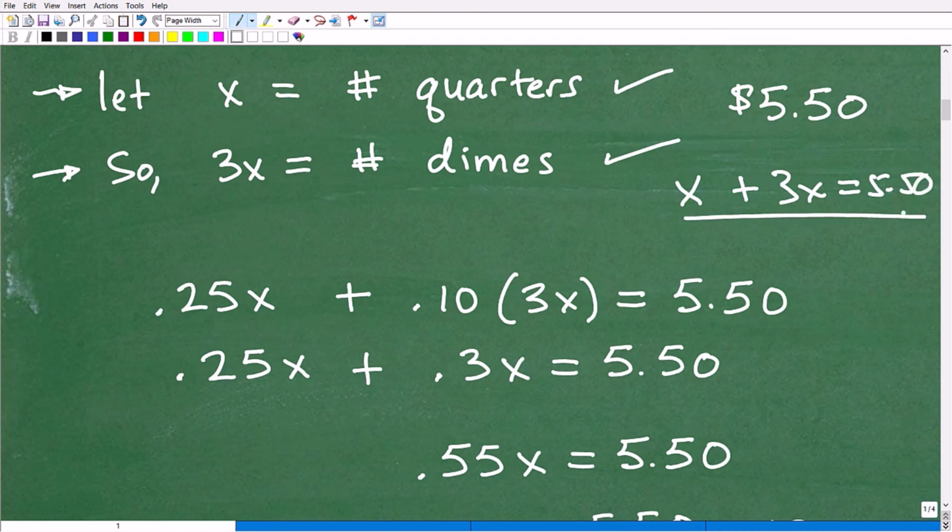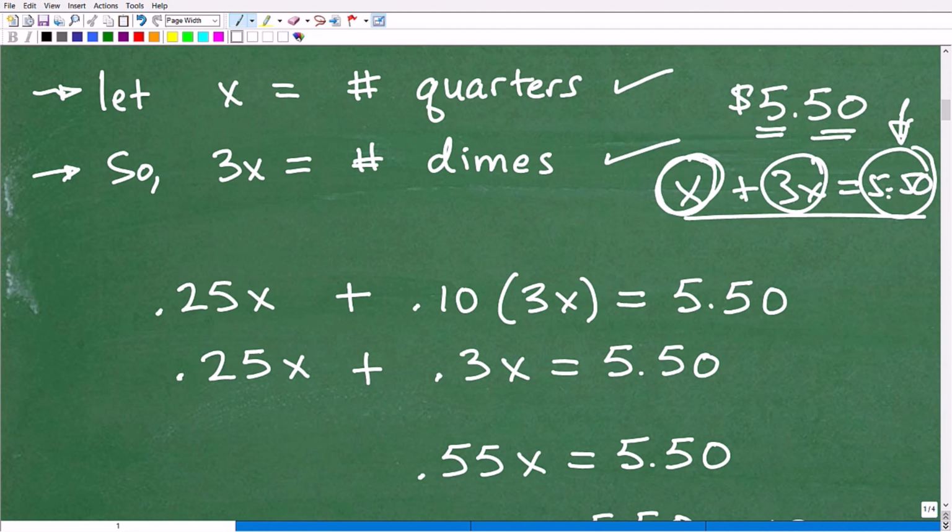A lot of you would make that mistake, I'm sure, because that's another quote-unquote classic mistake with these type of problems. But in fact, this is not the case. This is how many quarters and dimes you have. You can't write it like this from a monetary standpoint. We have to give the values because this is dollars. This is $5.50.